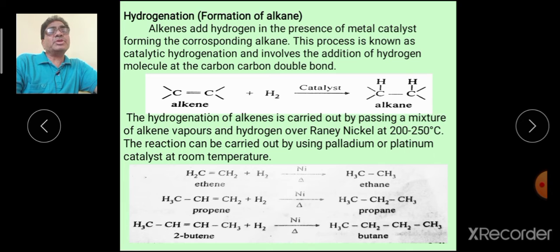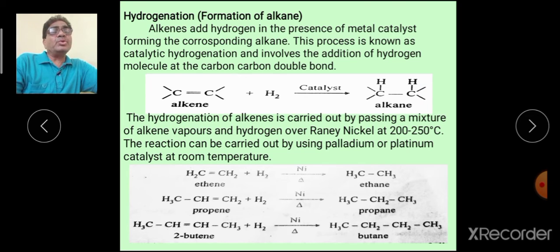This process is known as catalytic hydrogenation, and it involves the addition of hydrogen molecule at carbon-carbon double bond. This is the alkene molecule, addition of hydrogen in the presence of catalyst, therefore it is called catalytic hydrogenation, and saturated compound alkane is formed from unsaturated alkene.